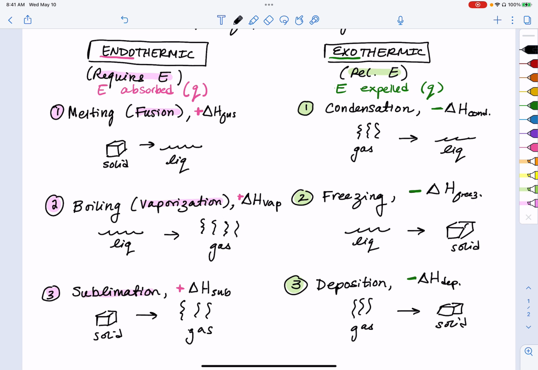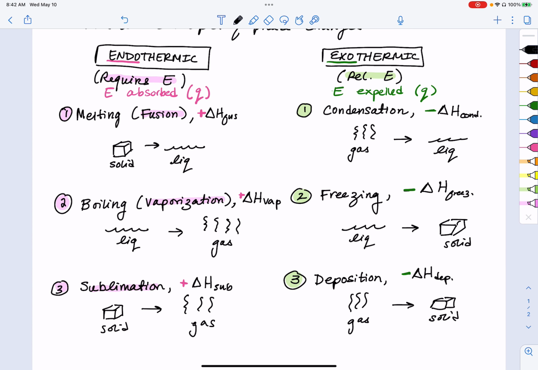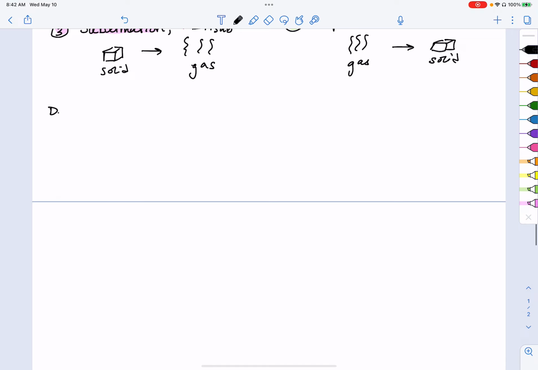Okay, so why is it that we're doing this review? Why are we just reviewing the last lecture from last week? Let's look at a phase change diagram. So let's define what's happening in a phase change diagram.